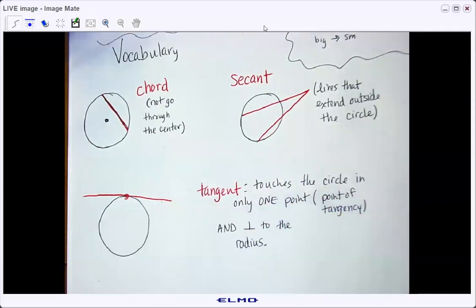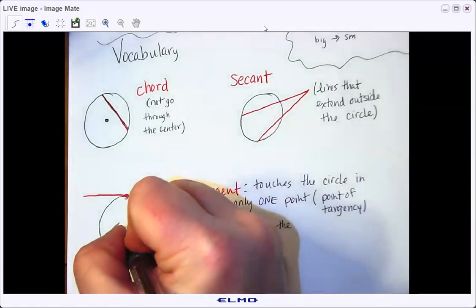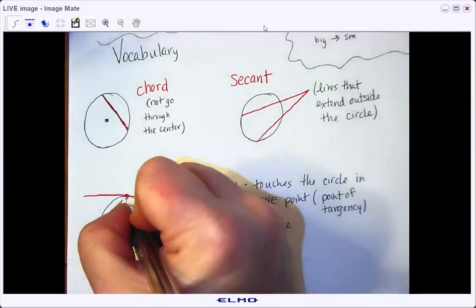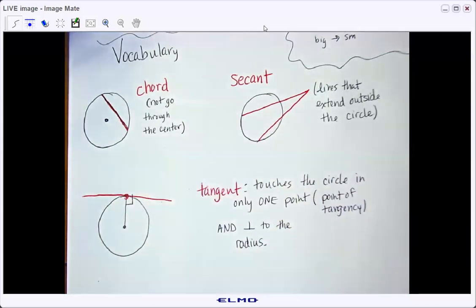So there's only going to be one radius that goes to that point of tangency. And we know that they are perpendicular. So let me give you a minute to finish copying that.